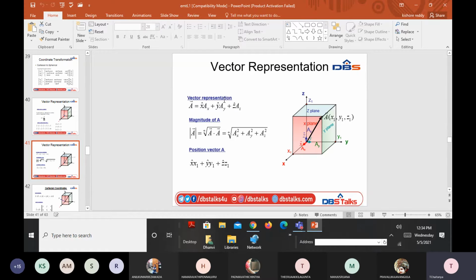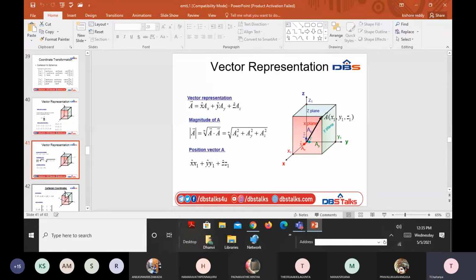That vector can be considered as A bar in a Cartesian coordinate system. Magnitude of A is nothing but the square root of a_x squared plus a_y squared plus a_z squared. So this is the formula for finding the magnitude.